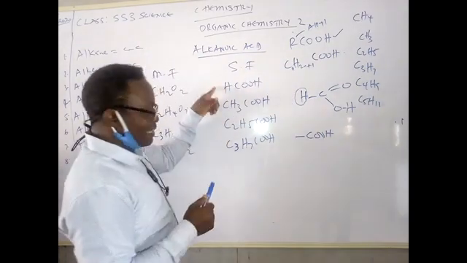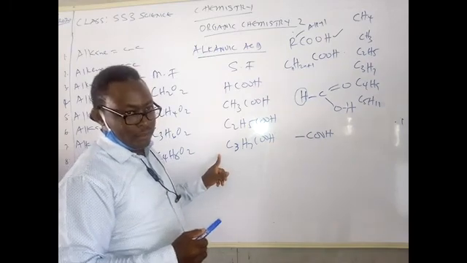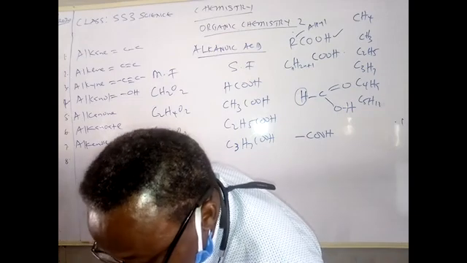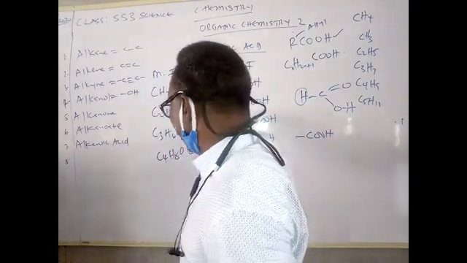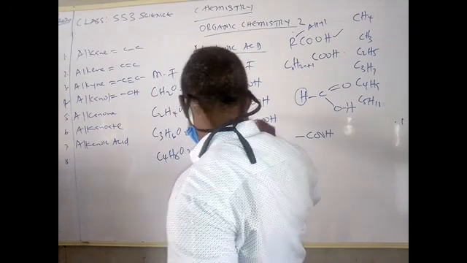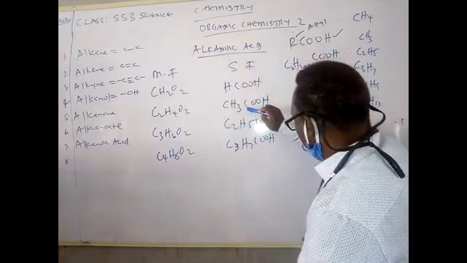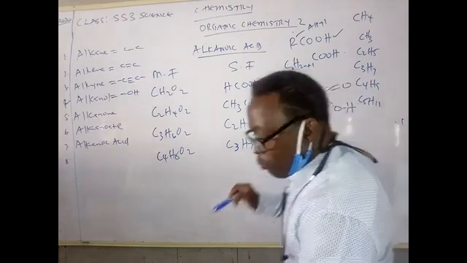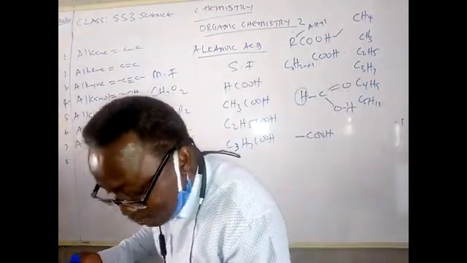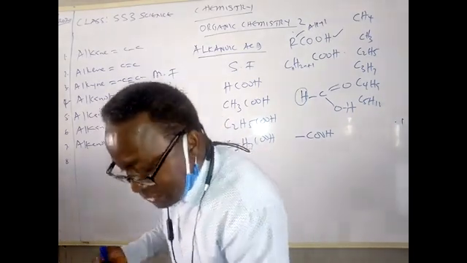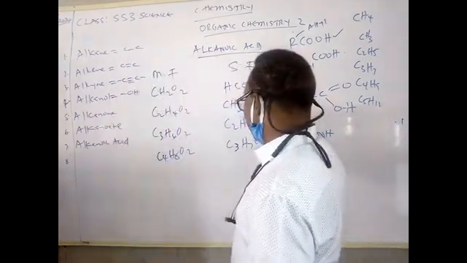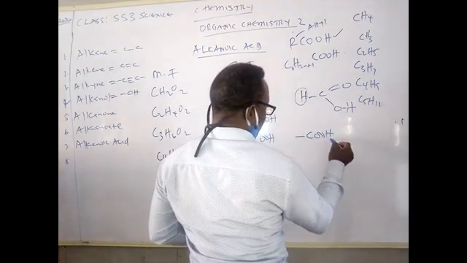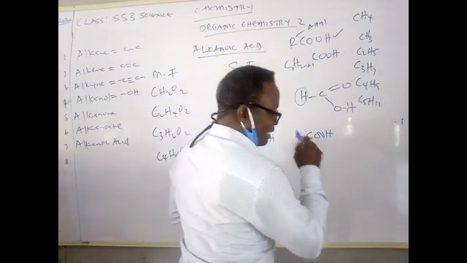So all these are examples of monohydric alkanoic acid, whereby you have just one COOH. We have other examples of dicarboxylic acid, like ethane dioic acid. Ethane dioic acid will have 2 of these. So that's a dicarboxylic acid.